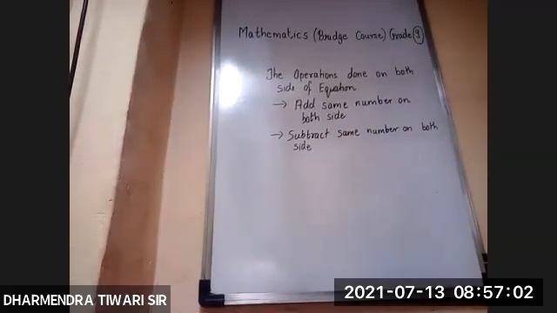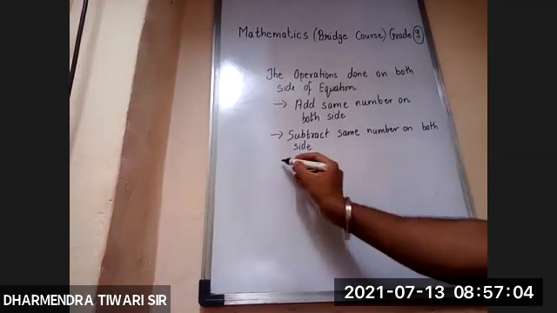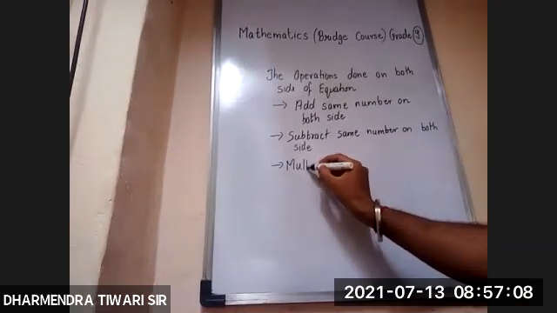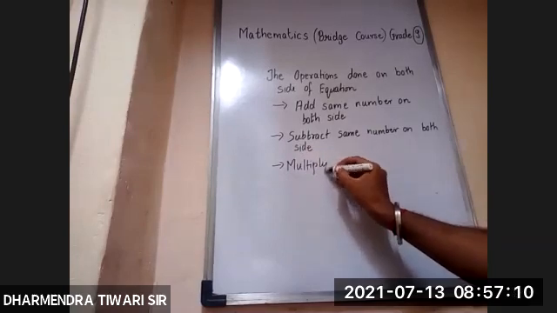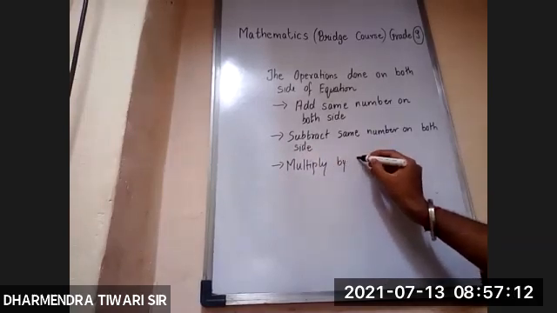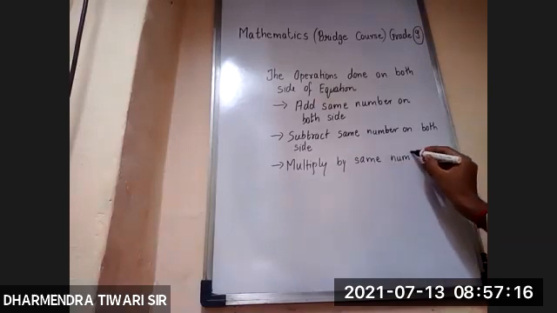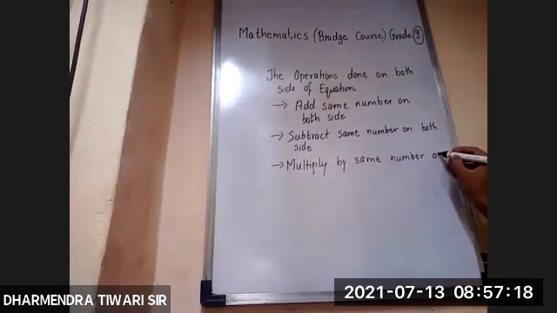Multiply by the same number on both sides.